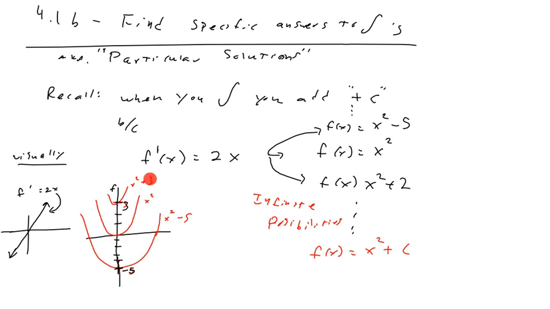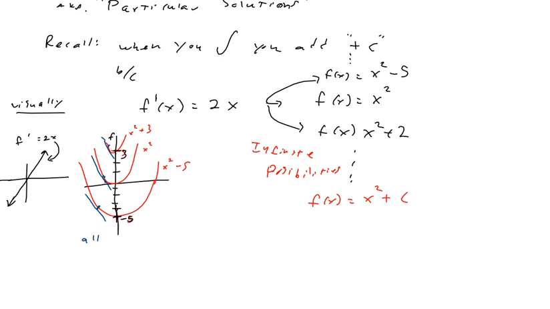The constant part doesn't matter, because they all have the same slopes. The slope here is the same as the slope here, and the same as the slope here. They all have the same slopes.